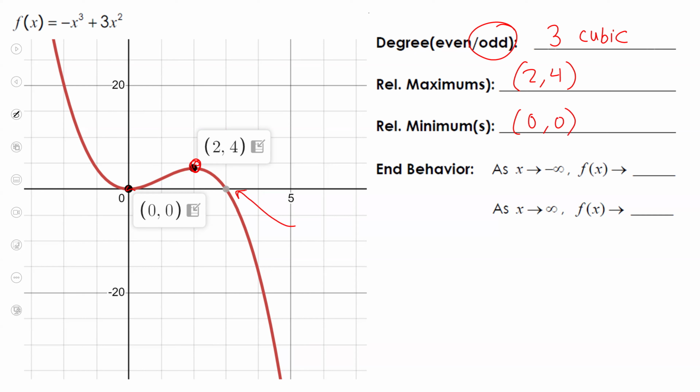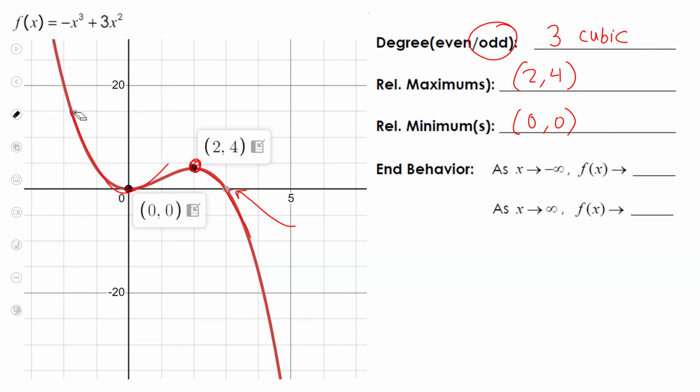Relative maximum, minimum, you're only looking at turning points. This is not a turning point, so we won't include that x-intercept. This went down, and it's still going down. It didn't go back up, so that's not a turning point. This is a turning point because it's going down, and now it changes, it's going up. You see?